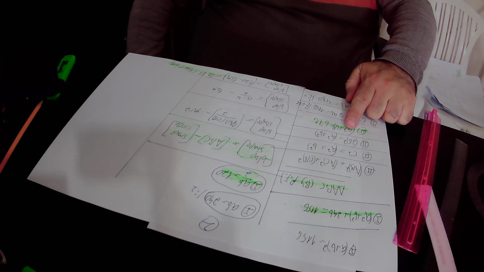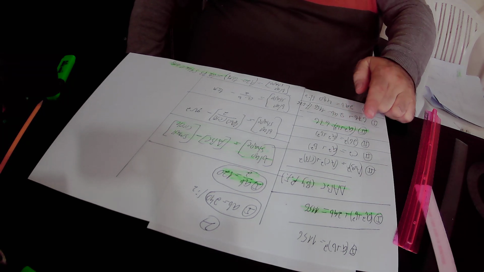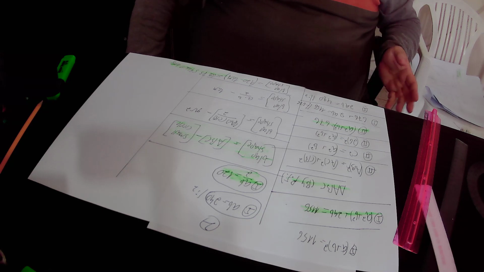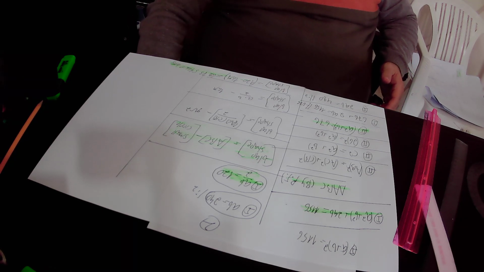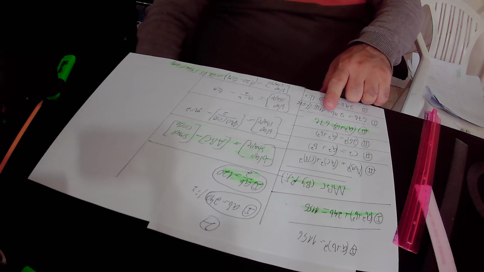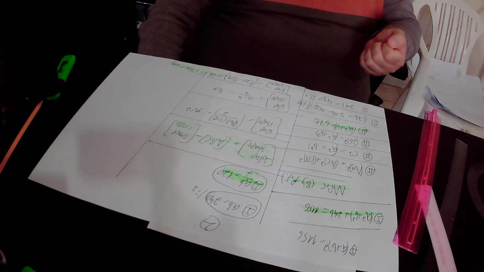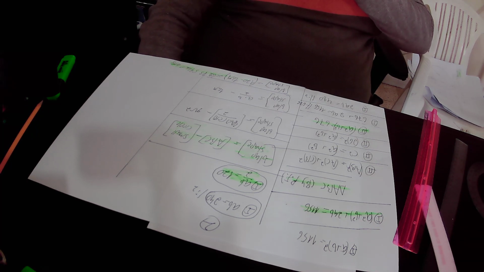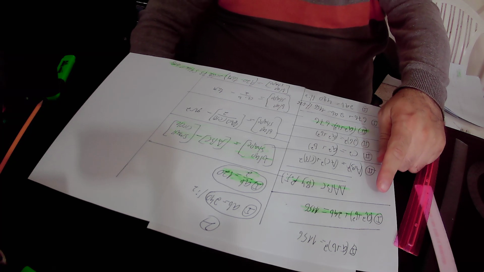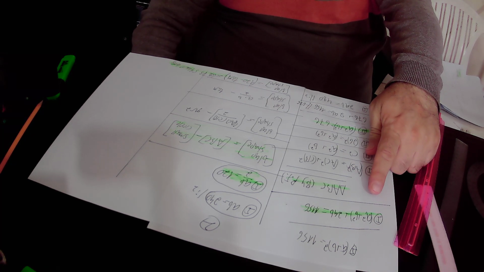So according to equation number 2, A squared plus B squared equals 26 squared, that is 676. And because A squared plus B squared equals 676, according to equation number 2, we can substitute A squared plus B squared in equation number 1 by 676.